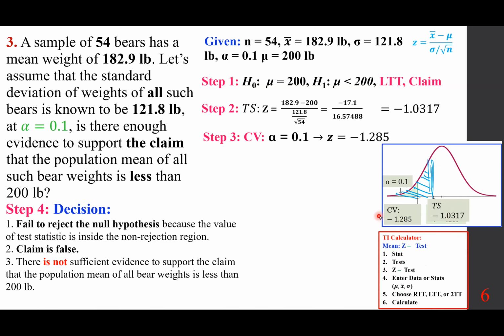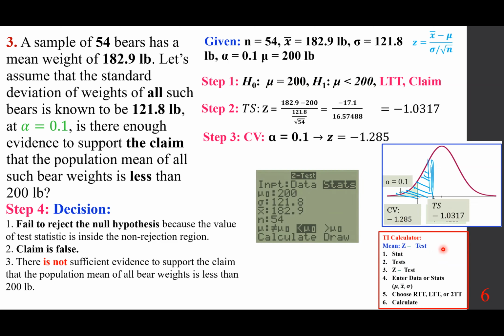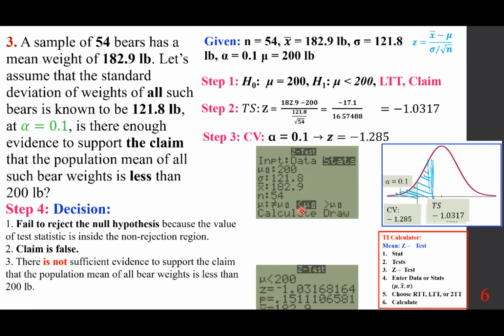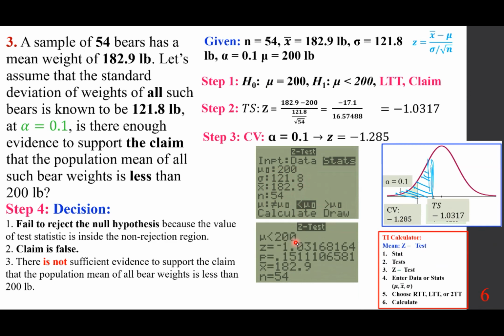Or if you go with the technology and do mean Z test, one mean Z test, you plug in mu sub 0 is 200, sigma, x bar, n, and again, you choose one of those, you move it to the left or right, and less than results in this. And look at the numbers that we are interested in. First and foremost, this z-value is the test statistic.